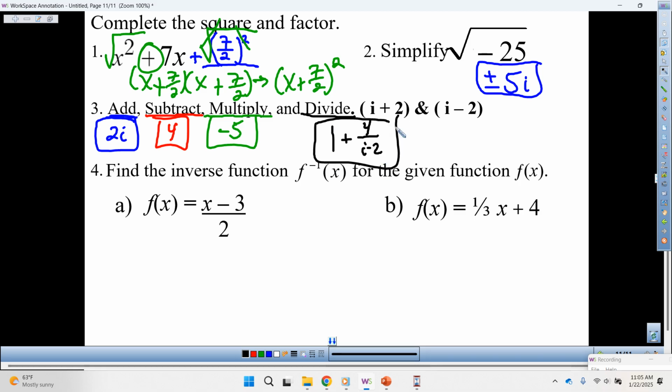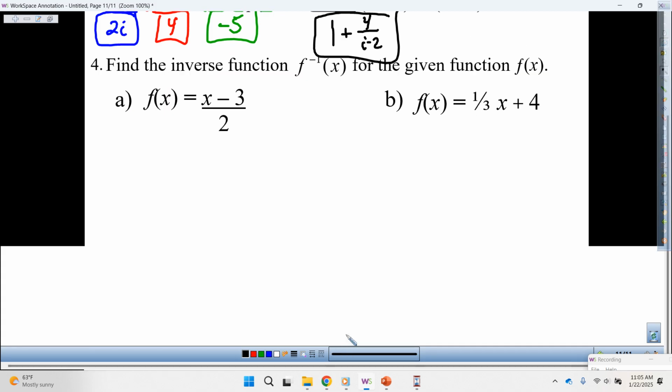All right. Number 4, I need an inverse for that one. Check with your neighbor, see what they got. Then Enrique's going to pass someone. Inverse for that one. Pass the one, Enrique. Mario.